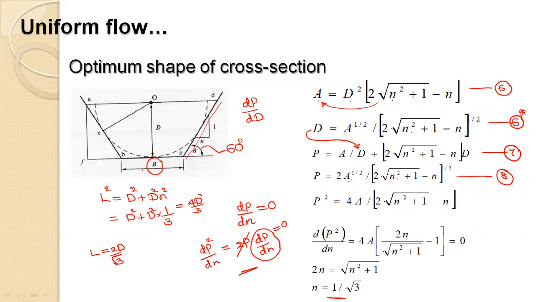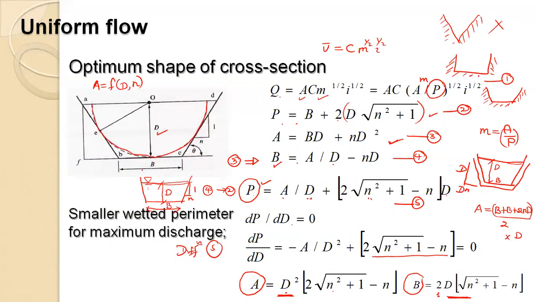What would be the value of B if that is the case? B is 2D, square root of 1 plus N squared minus N. So 2D square root of 1 plus N squared.